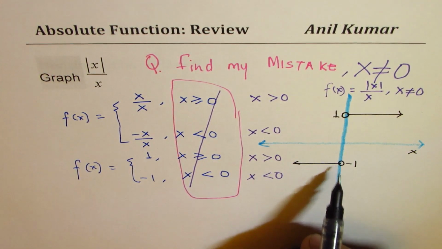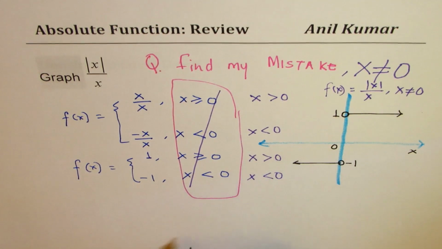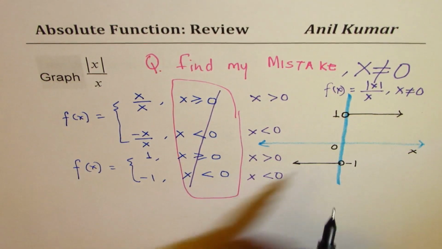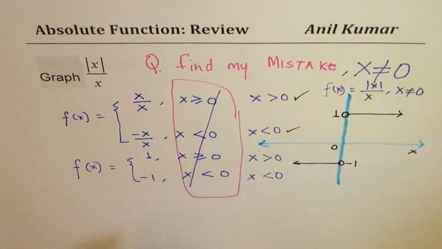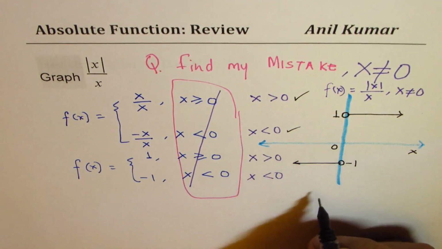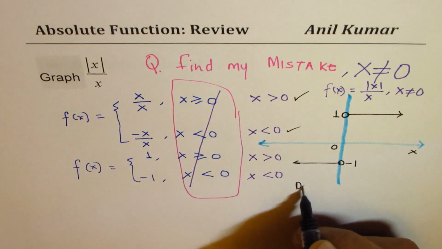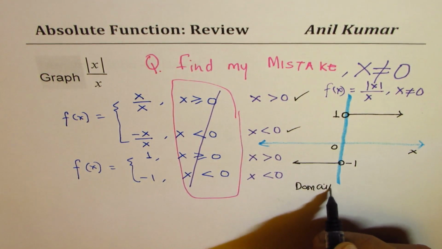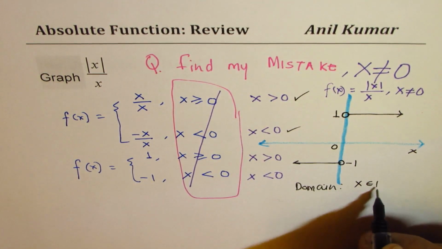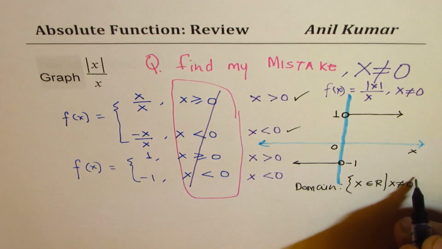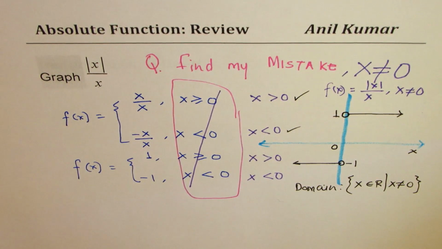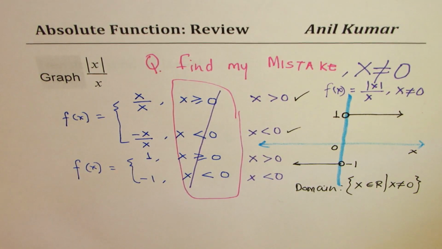Now this open circle at the origin, x equals 0, represents this part and this part. We are not including 0, right? So here, our domain is x belongs to real numbers where x is not equal to 0. Now this is a very important part, and that's why I'm talking about it again and again. I hope it's well taken care of.